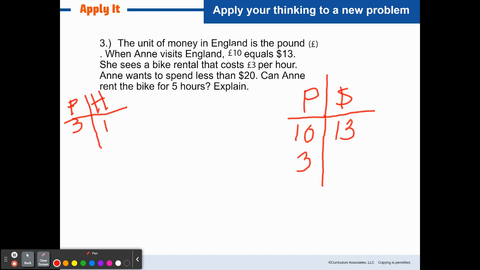So let's see how many pounds she gets for $1. Let's check that out.